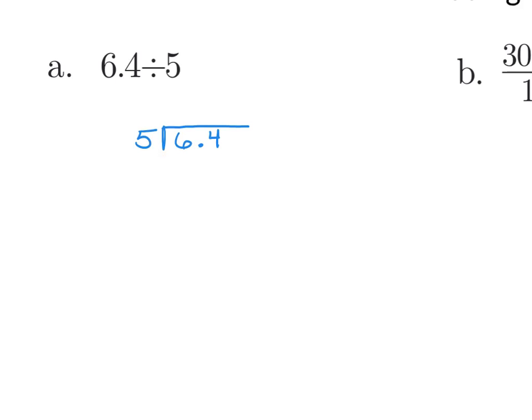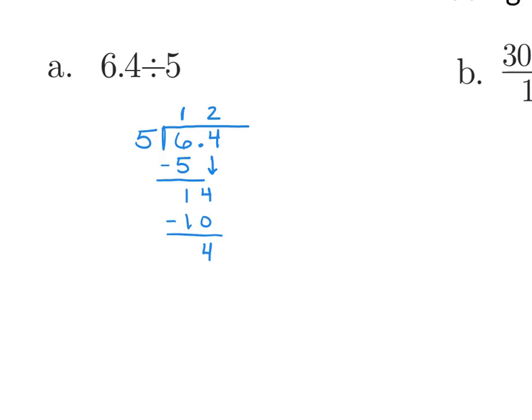So what is the first number that I can divide by 5? It should be 6. 6 divided by 5 is 1. 1 times 5 is 5. We subtract, we get 1. And we bring down our 4. All right. How many times does 5 go into 14? That should be a total of 2. 2 times 5 is 10.